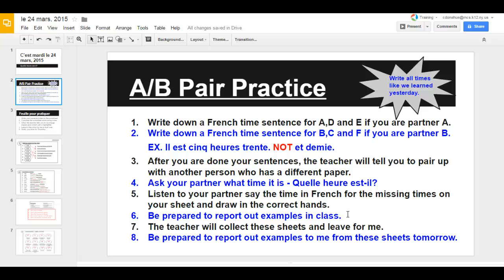Please make sure your name and the date, March 23rd, are on these sheets and leave them for me. I will be looking for the correct hands on the clock and for 3 complete sentences in French for the time on each of your sheets. We will also go over those tomorrow, so you should be able to report out examples for me tomorrow.